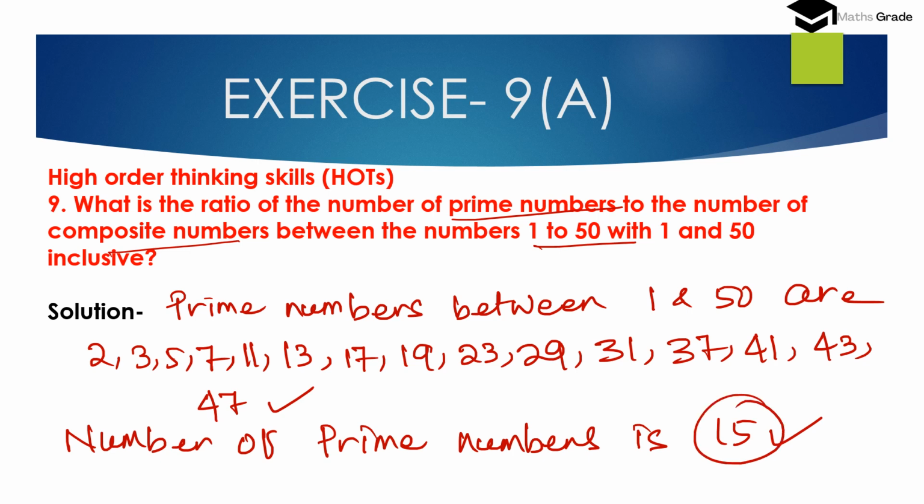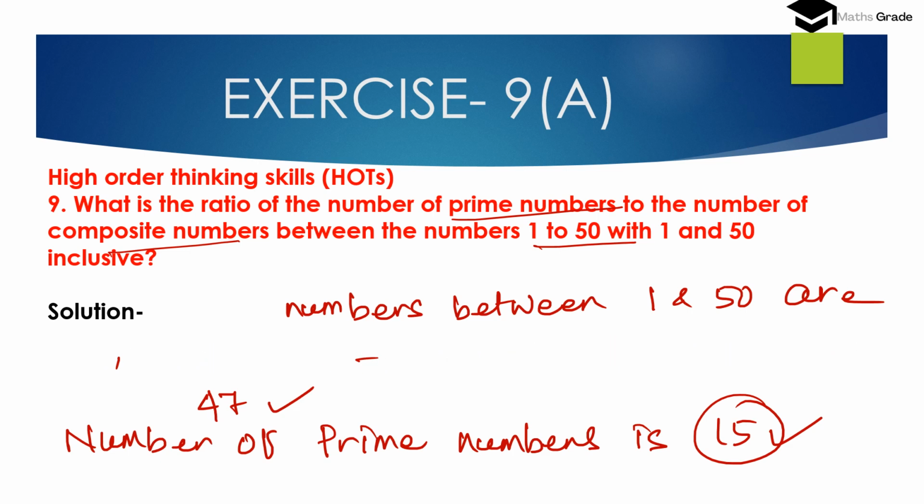Now composite numbers between 1 and 50 will be total. Total numbers are 50.